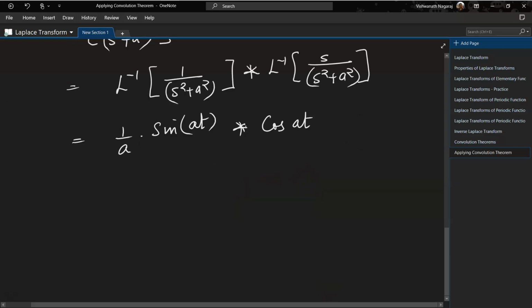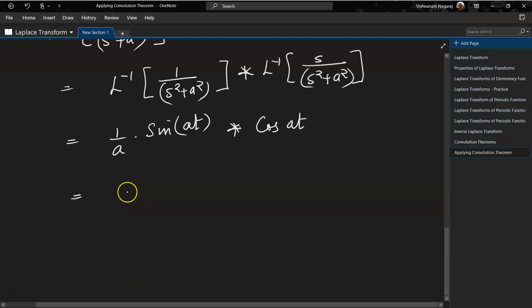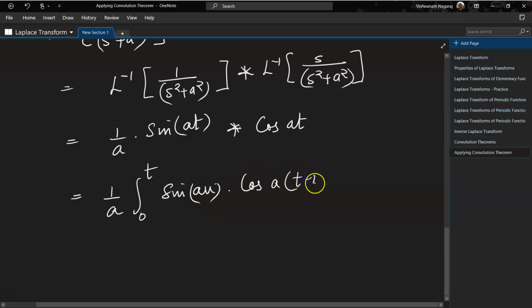Now let's apply convolution. So that becomes 1 by a, which is a constant, integral from 0 to t of sine au times cos a(t minus u) du.